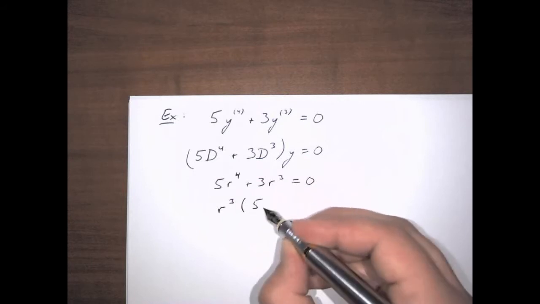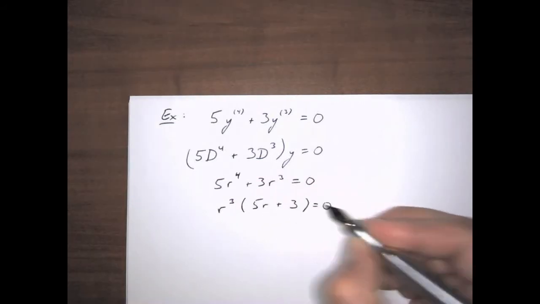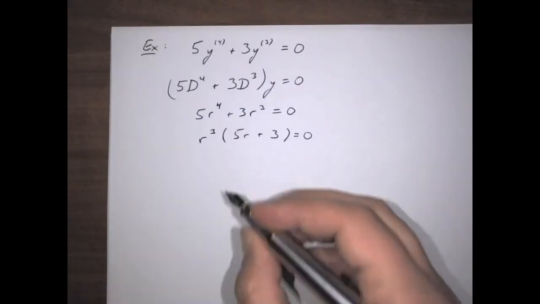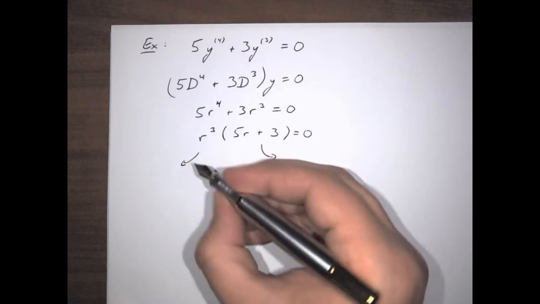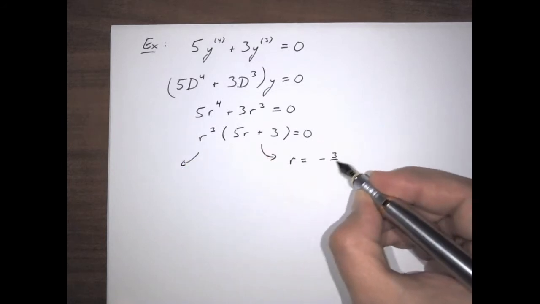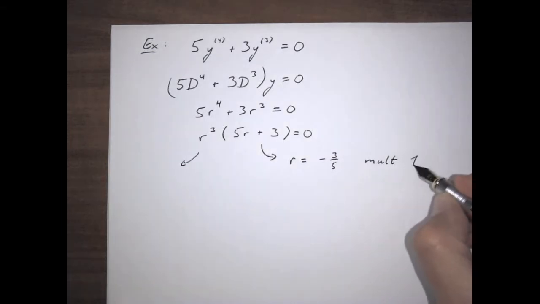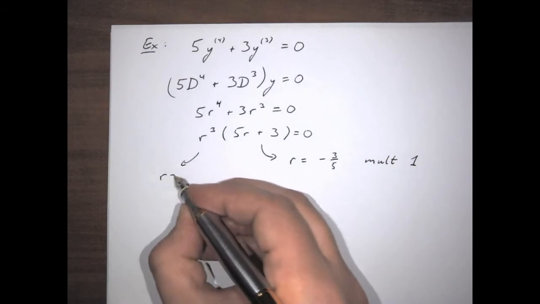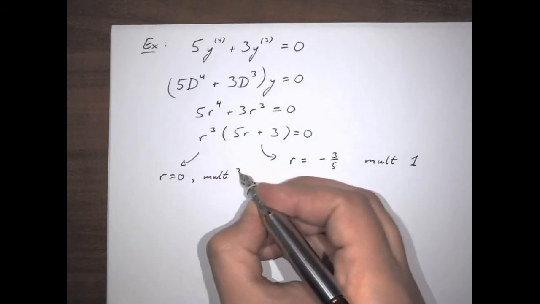That's going to give us r cubed times (5r plus 3) equals 0. So that's going to give us two possible branches of solutions. We're going to have r equals negative 3/5, and that's with multiplicity 1. Here we're going to have r equals 0, and that's with multiplicity 3.